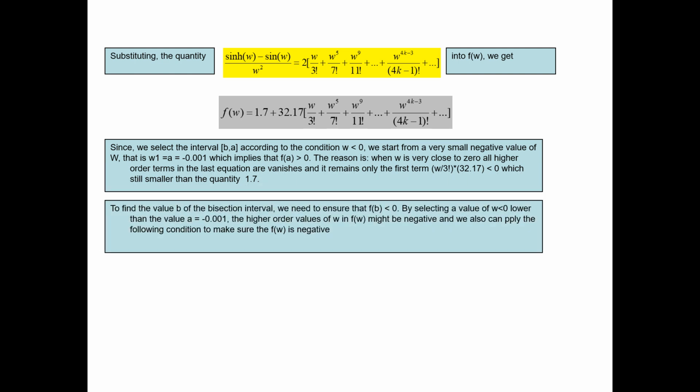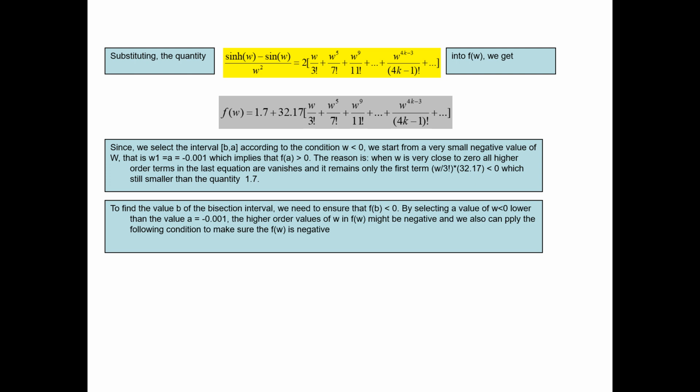To find the value b, or the lower bound of the interval, we need to ensure that f of b is negative. So we can select w smaller than 0 in the negative part, far from the value a.